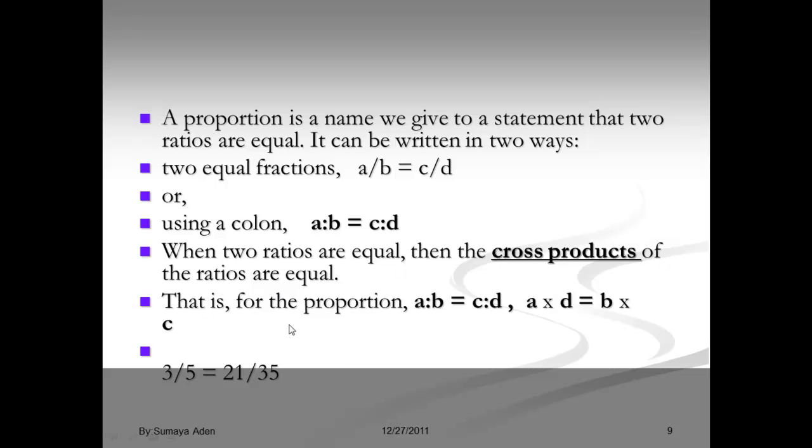That is, for the proportion A to B equals C to D, A times D equals B times C. 3 over 5 equals 21 over 35.